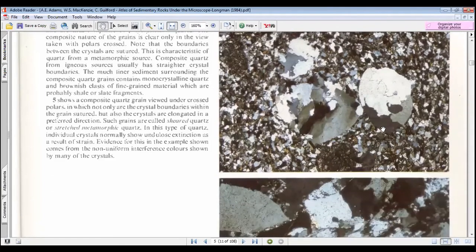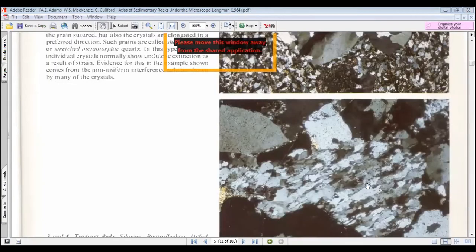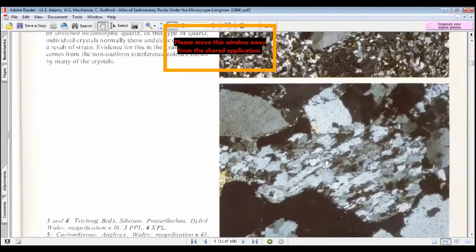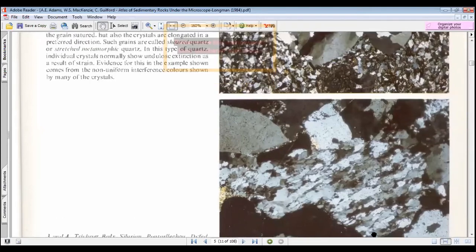Here we have another example, and in this example you can see that some of these grains are stretched, and they show some orientation, and they represent that they are from the metamorphic family. You can see that this is a big chunk, a big clast rich in quartz.